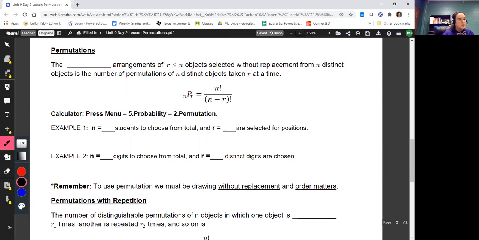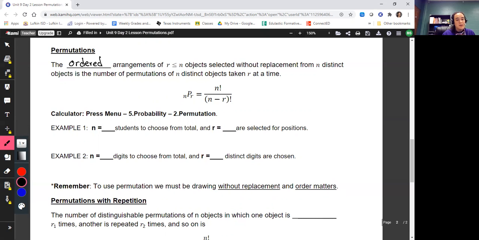Okay, so now we're going to talk more about permutations. So permutations are ordered arrangements where r is less than or equal to n, the number of objects selected without replacement from your n number of objects. So this formula here, n factorial over n minus r factorial, is our formula for permutation.